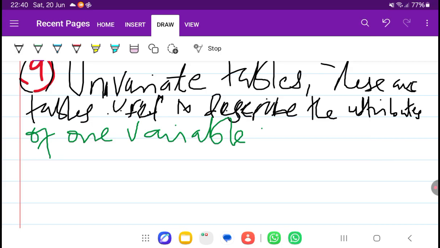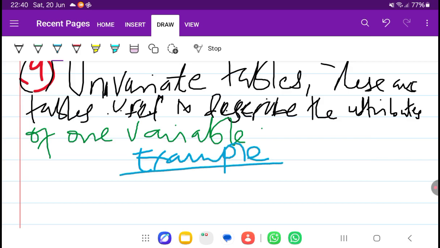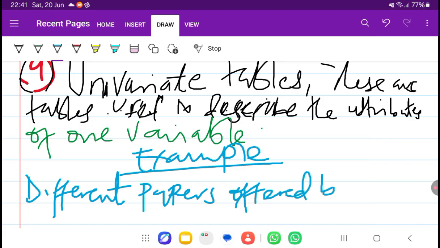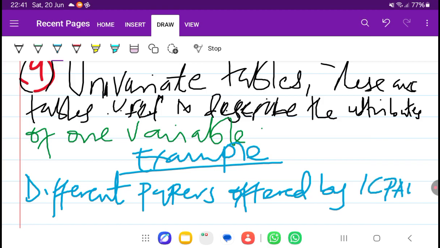So what could be an example? We can look at the different papers offered by the Institute of Certified Public Accountants of Uganda.